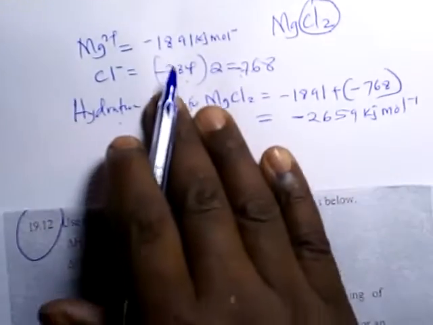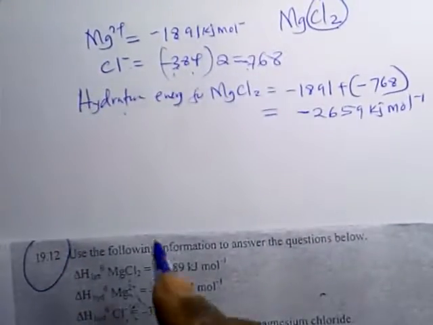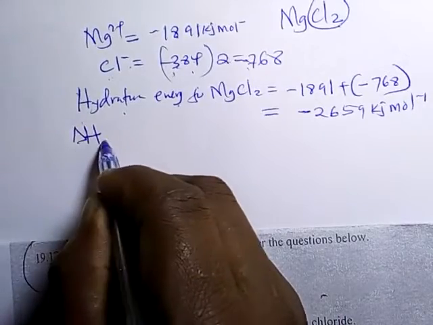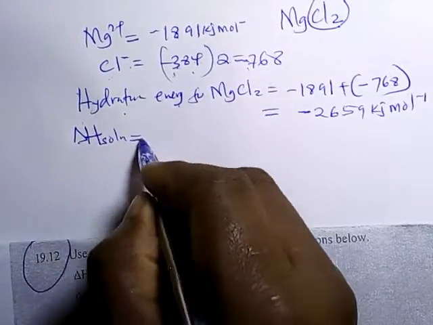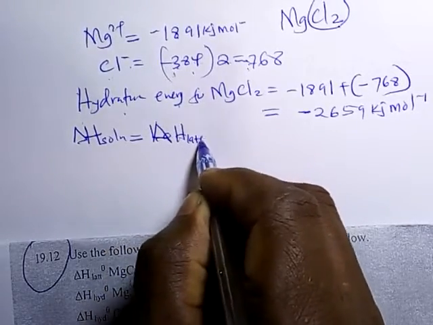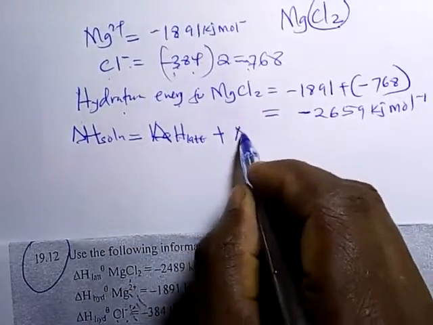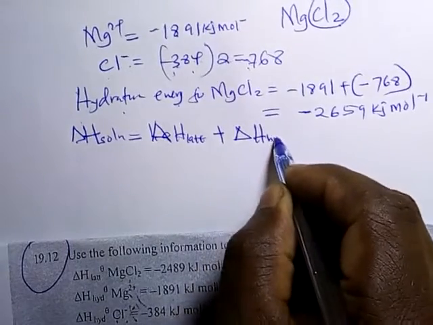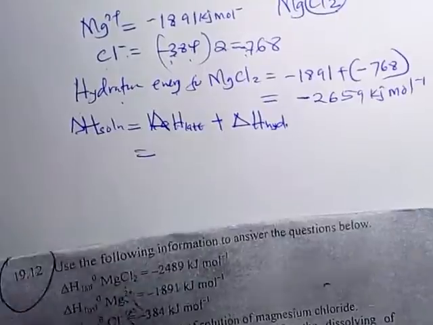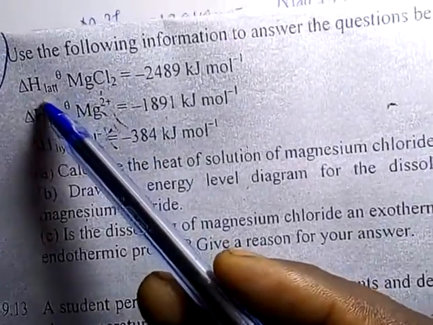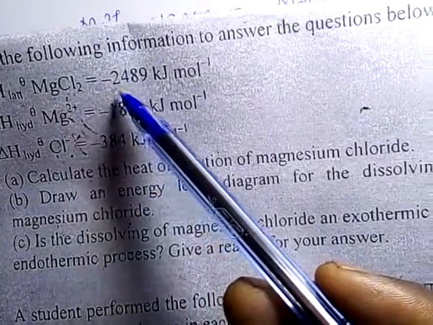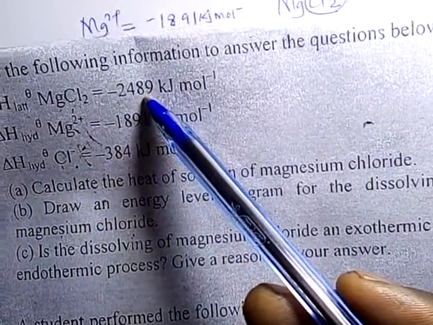But we know that the enthalpy change of heat of solution equals lattice, LAT, plus enthalpy change of hydration. Look at this one. We were given that the enthalpy change of lattice of magnesium chloride is negative 2489.